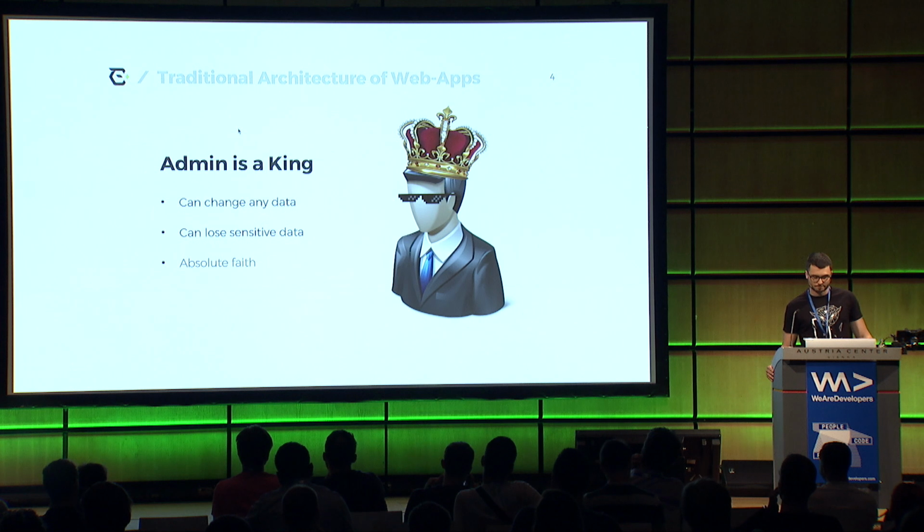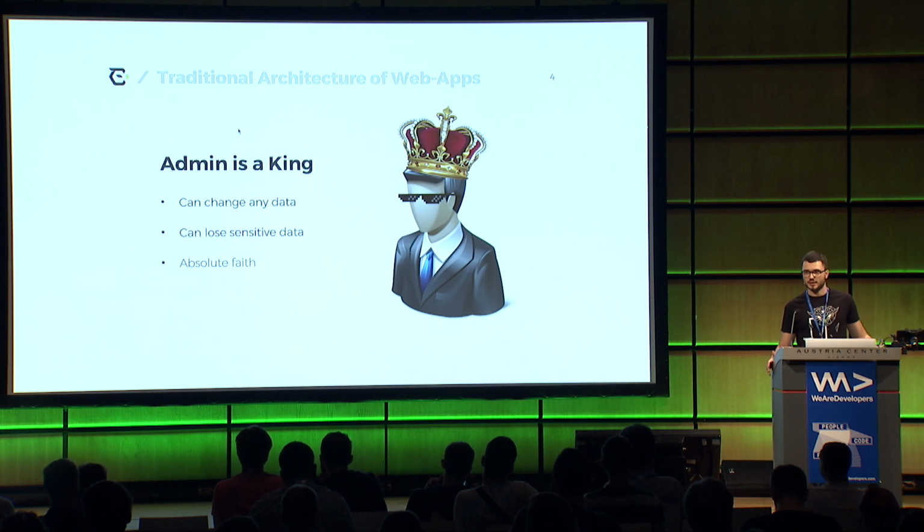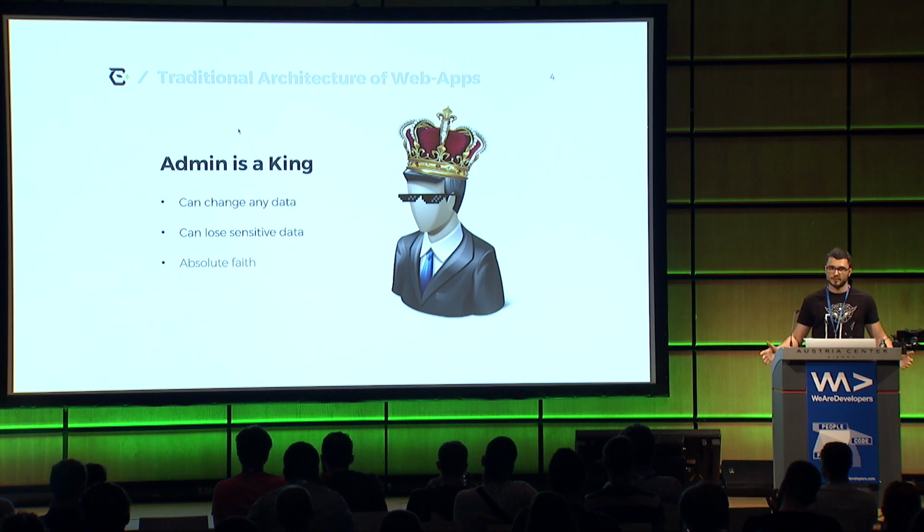And why is it a danger? Because the administrator may change anything, and the administrator may lose some data by accident because he's a human being. And also, we as a customer should trust this administrator absolutely.